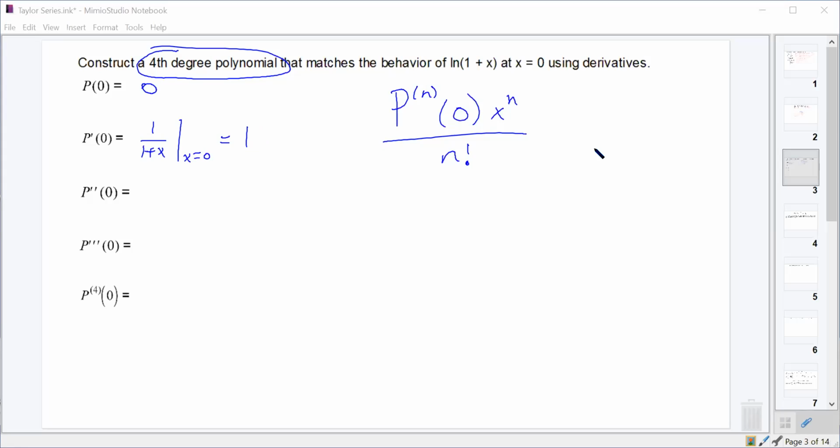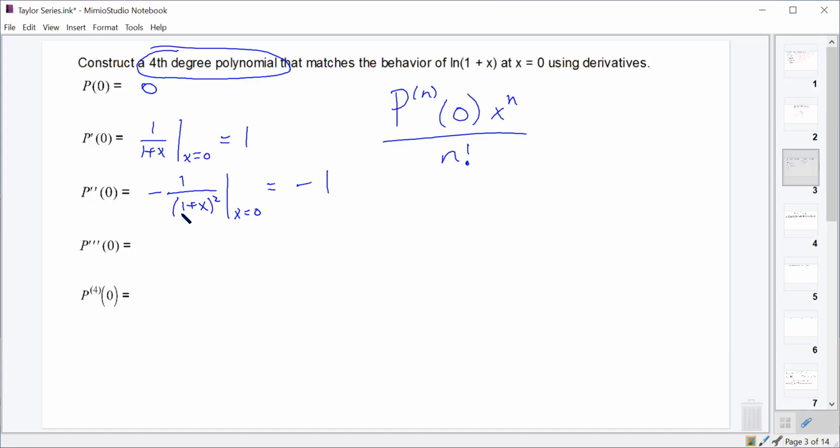So what's the derivative of 1 over 1 plus x? Using the reciprocal rule, that should be negative 1 over 1 plus x squared. And if we evaluate that at 0, what do we get? Negative 1.